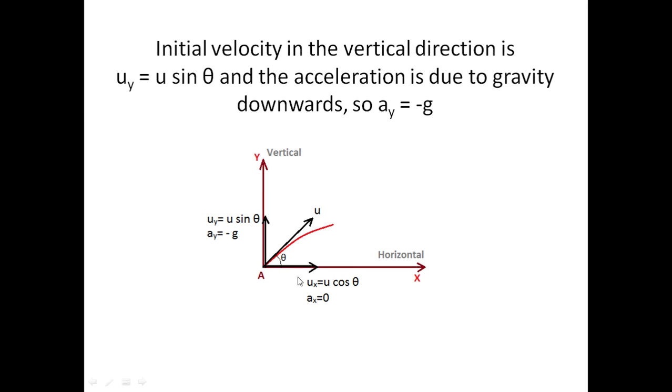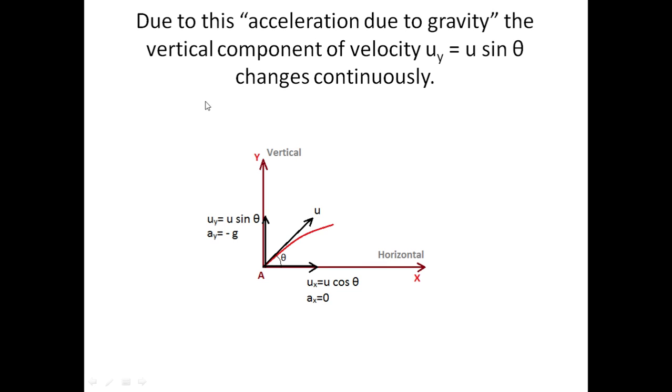Initial velocity in the vertical direction is Uy equal to u sin theta, and the acceleration due to gravity is g, but we shall take it here minus g because its direction is downwards. So Ay is equal to minus g.